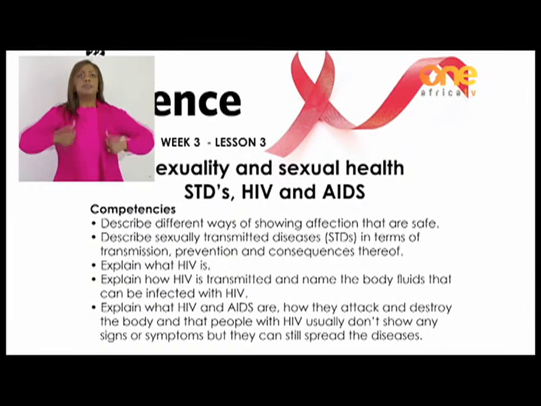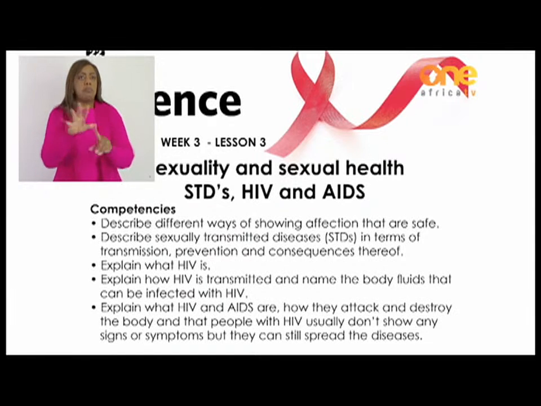The first basic competence says that a learner in grade 7 must be able to describe different ways of showing affection that are safe. The second one says that a learner must be able to describe sexually transmitted diseases, STDs, in terms of transmission, prevention, and then the consequence.